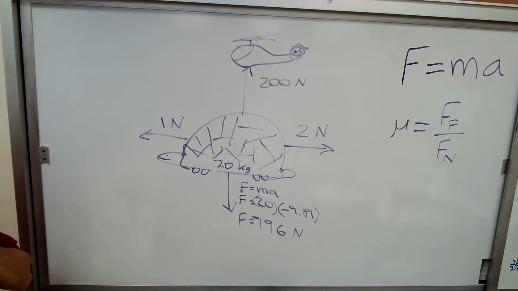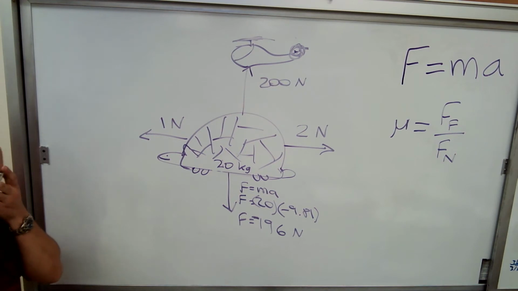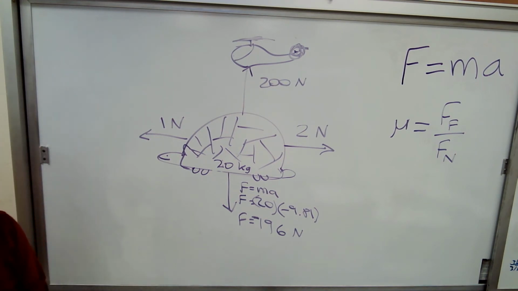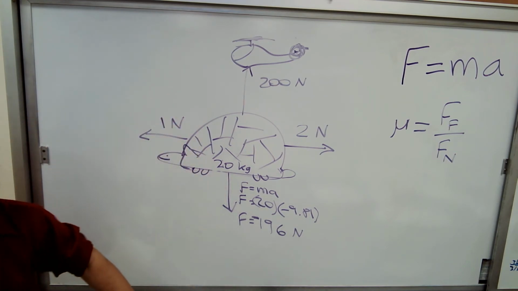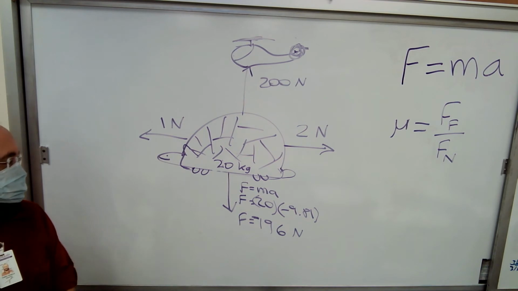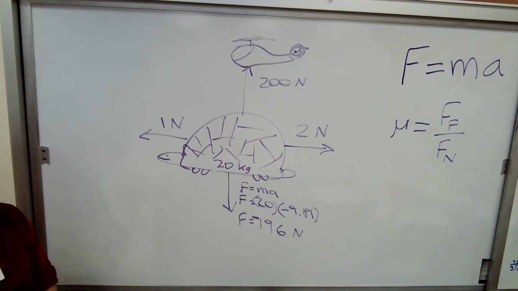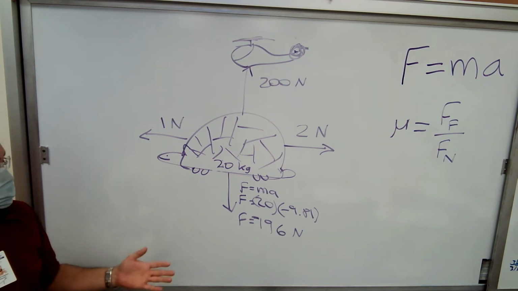There are a couple of questions on this assignment that ask you to draw something like this, or it's already got something drawn. It'll ask you to draw it again with just the net forces, and then say which way you think it'll move.